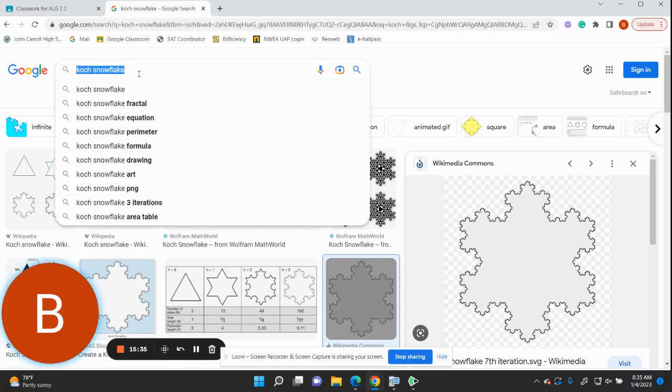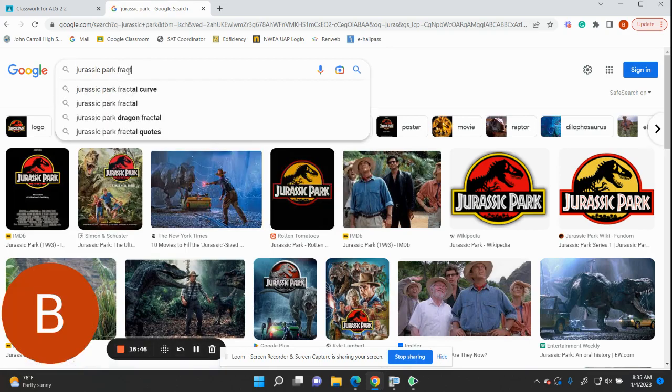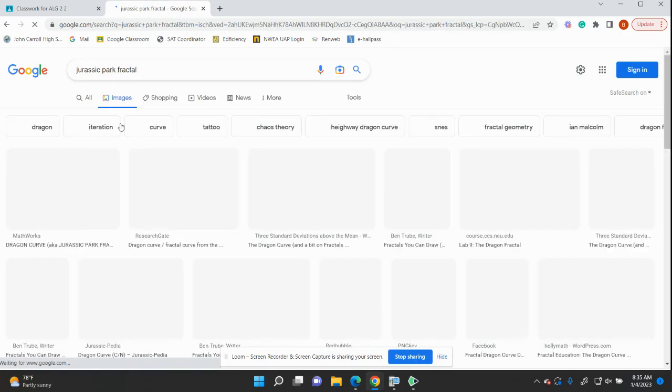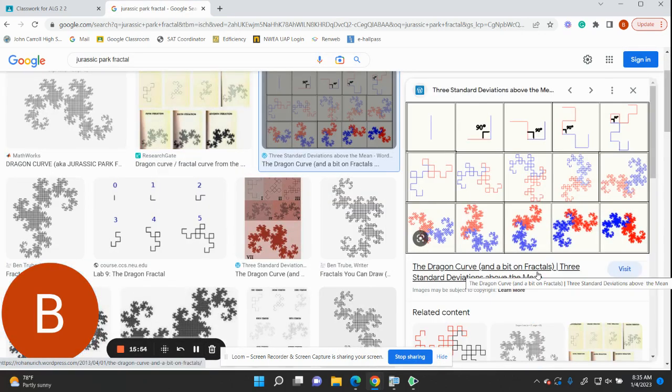Another one, and this is my favorite, but it's definitely the hardest one to do. It's called the Jurassic Park fractal. That's what it looks like there. This is a good image to show you, right? For the Jurassic Park fractal, you're taking pieces of paper, cardstock, and you're folding them.